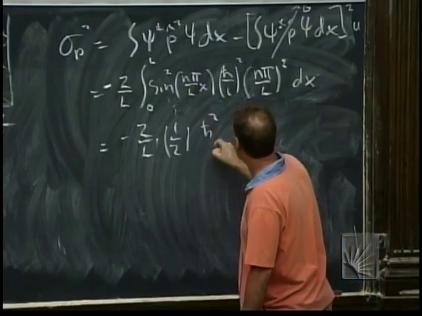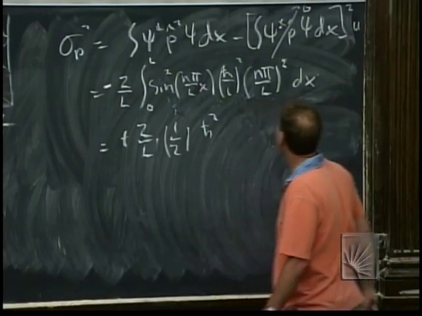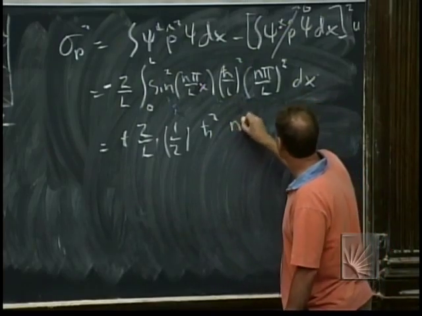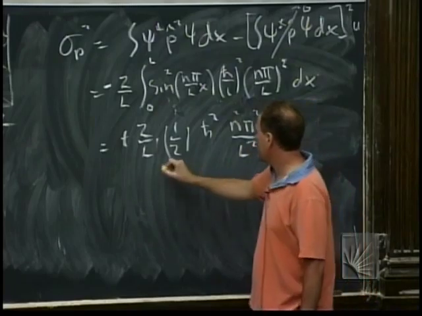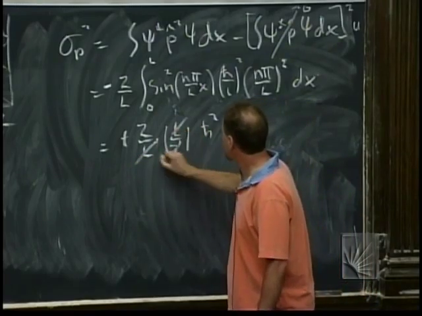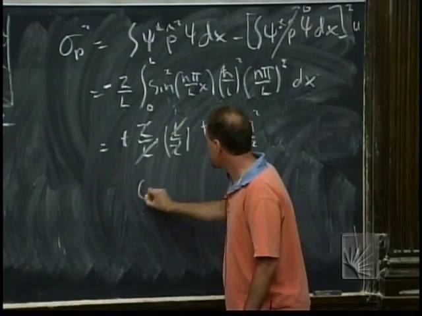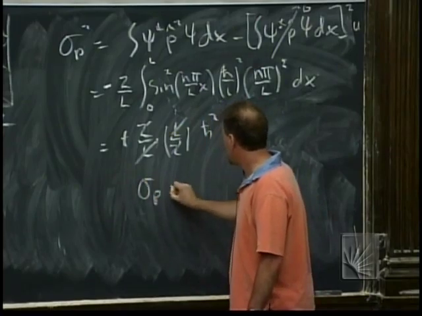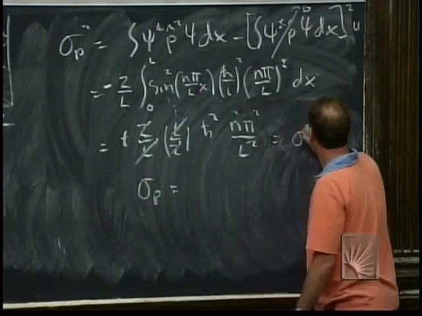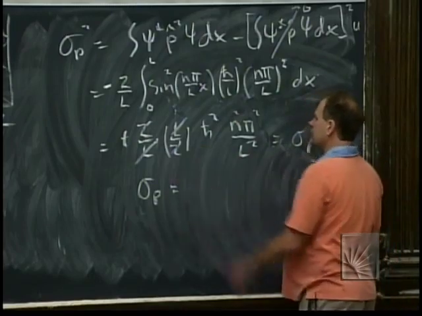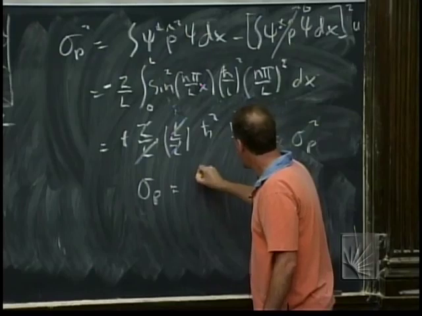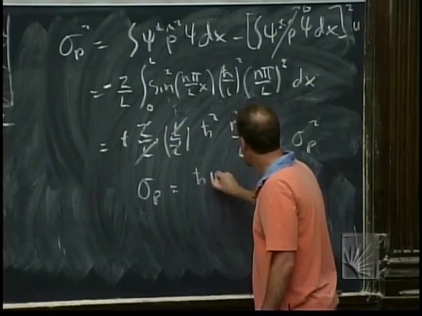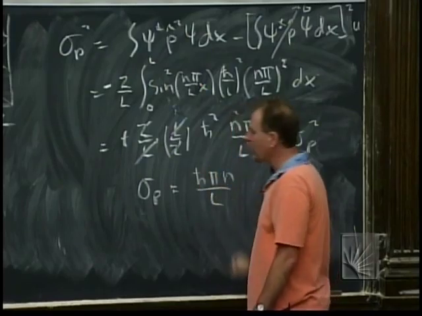H bar squared over i squared is a minus sign. And then this is n squared pi squared over L squared. Those things cancel. So that was sigma p squared. It was h bar squared n squared pi squared over L squared. So sigma p is h bar pi n over L.